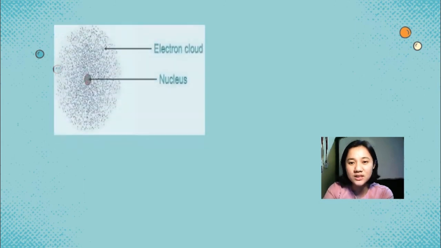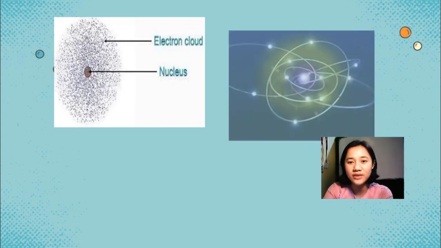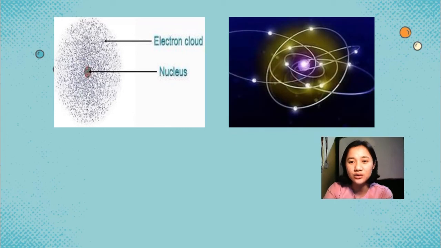Okay, so this one is the birth of the quantum mechanical model that views electrons as a cloud of negatively charged particles having certain geometric shapes. So in this model of atom, it shows how likely an electron could be found in various locations around the nucleus.